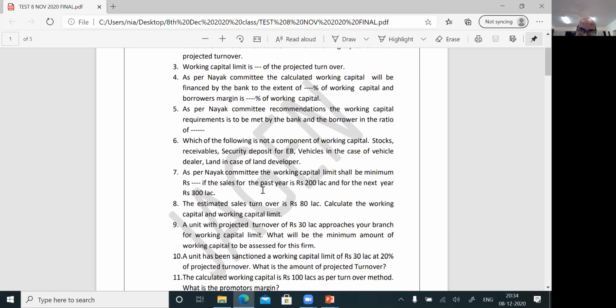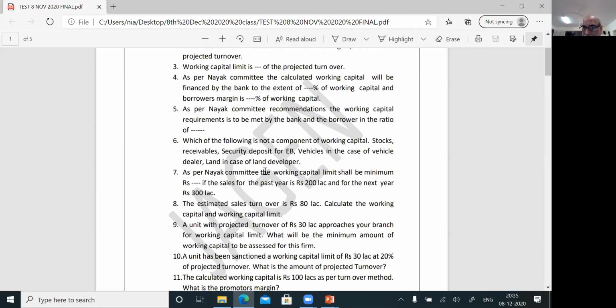We are not going to calculate the working capital based on the sales for the last year. We will take into account the sales for the next year only to calculate either the working capital or the working capital limit. So for the next year, what is the sales? 300 lakhs.